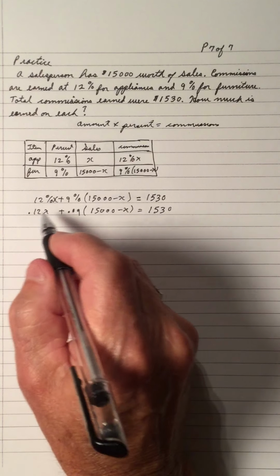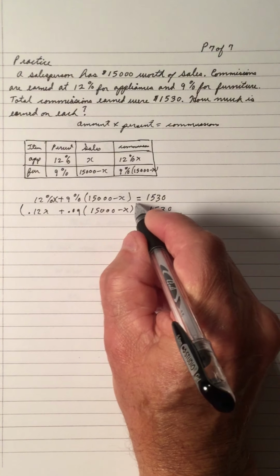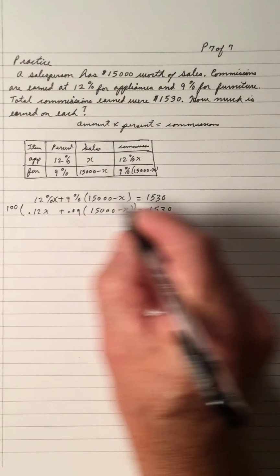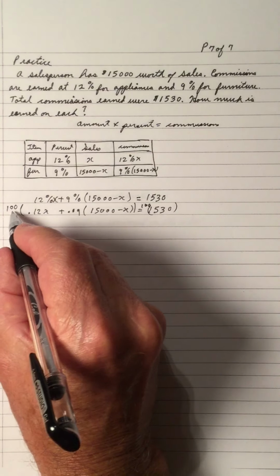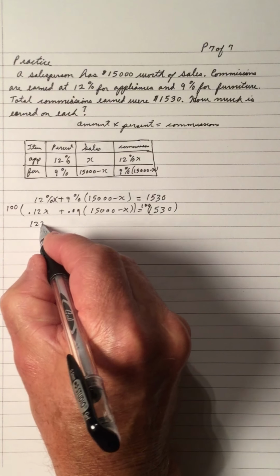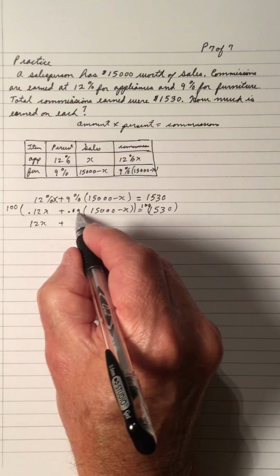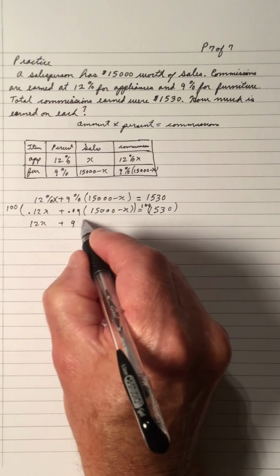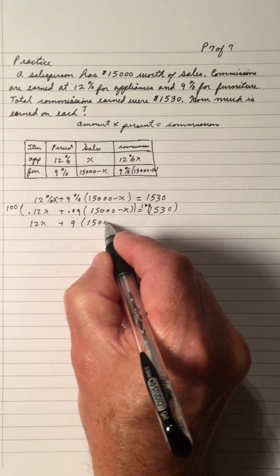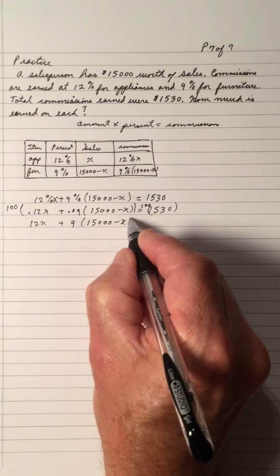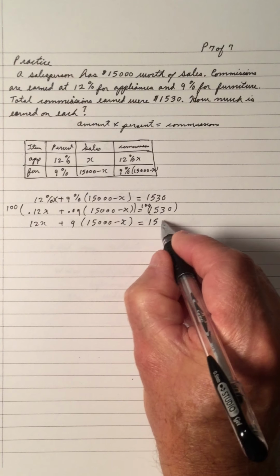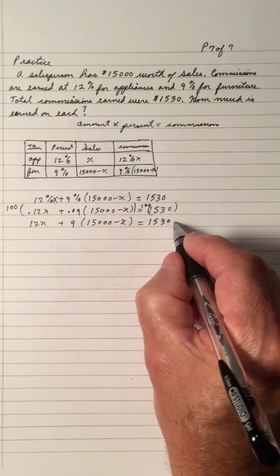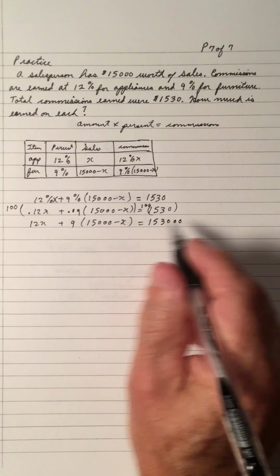Because we have two decimal places, we multiply both sides by 100 to eliminate the decimals. 100 times 0.12 is 12, 100 times 0.09 is 9, and 100 times 1530 is 153,000.